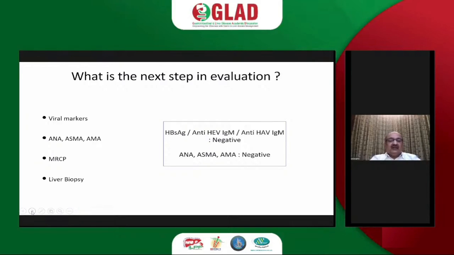Ultrasound is normal, but bilirubin is high, mostly direct bilirubin, but there is a history of some herbal medication. So we have to ask that question to the patient also, because initially they used to ignore it, or they used to refuse to tell. But that is, I think, an important point for the history.